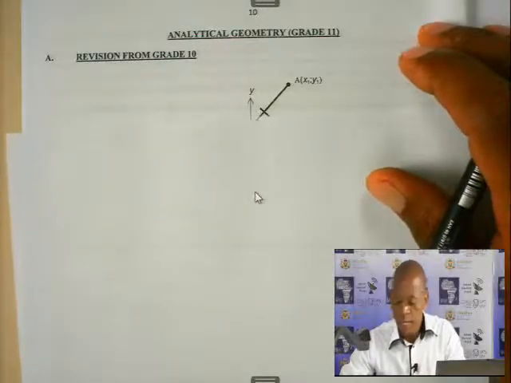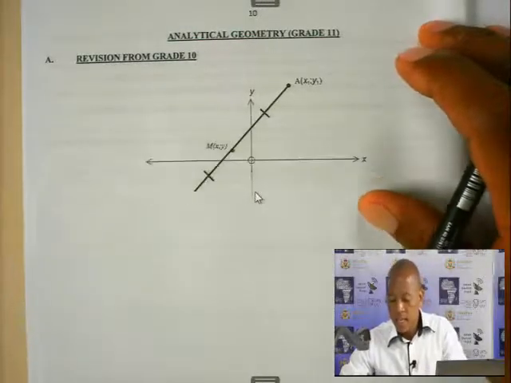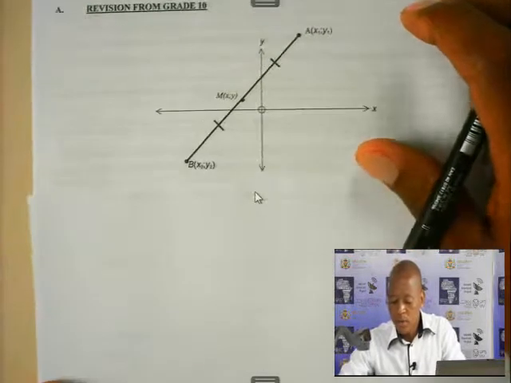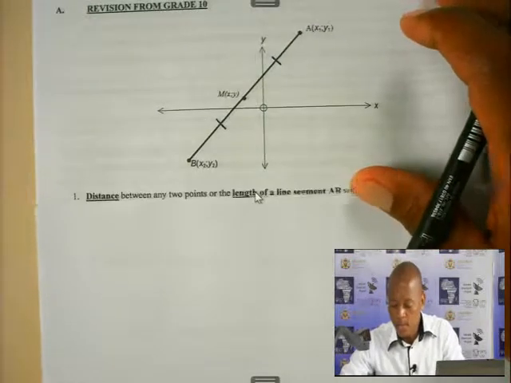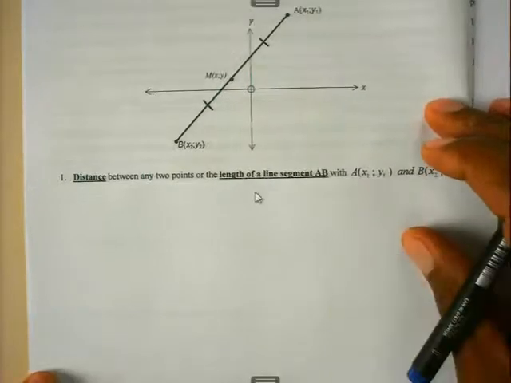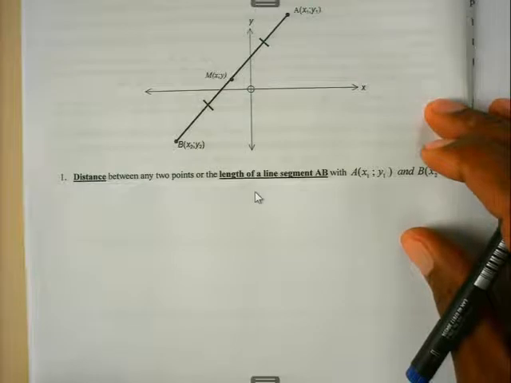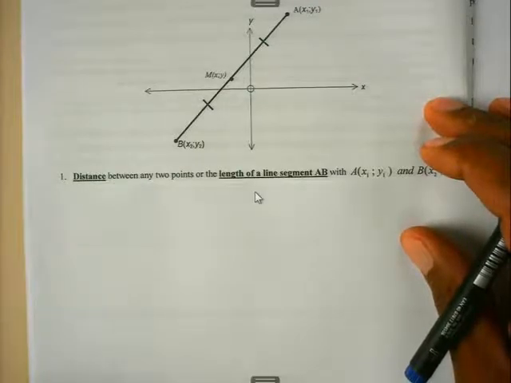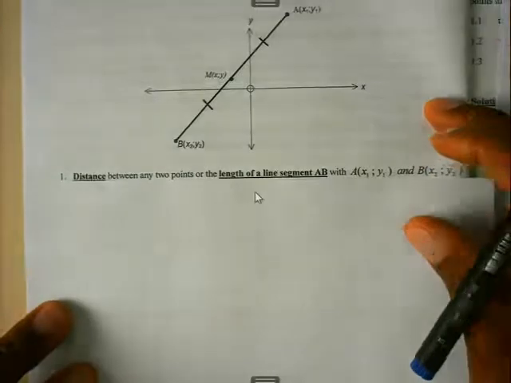When you look at this, we have the revision from grade 10 as well as grade 11. Most of the time here, we will be having the distance between the 2 points. You remember the formula that you use when you determine the distance between any 2 points, or the length of the line segment AB.